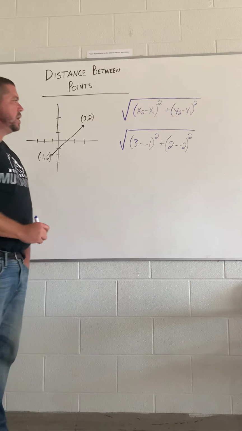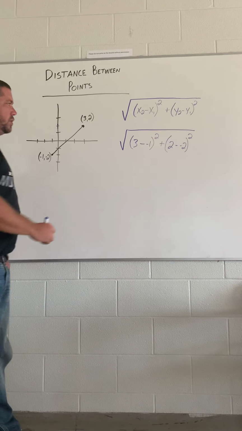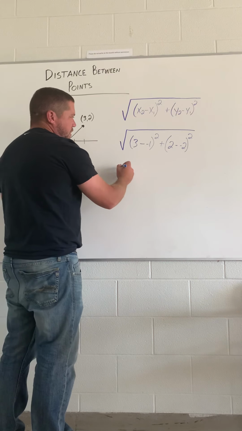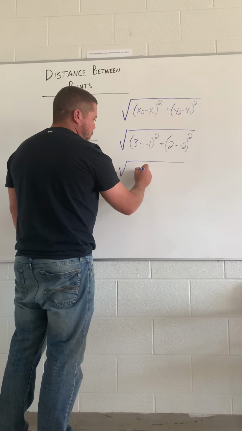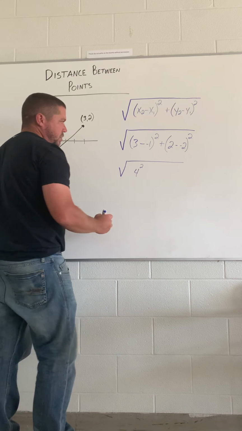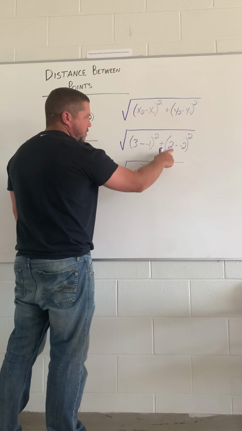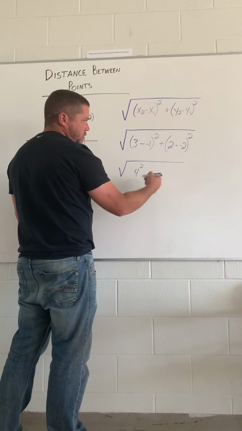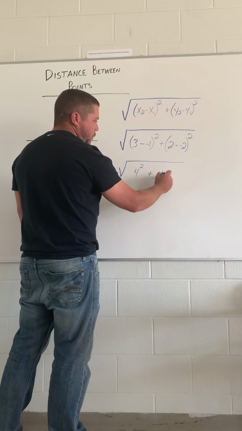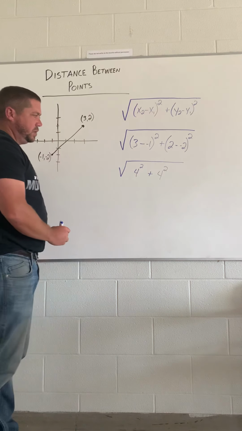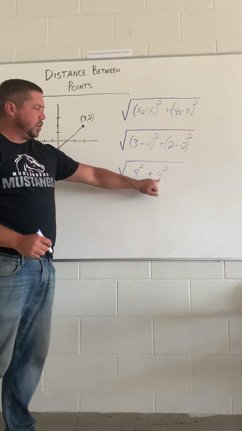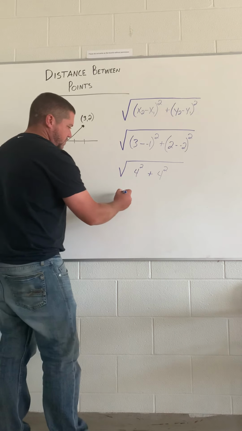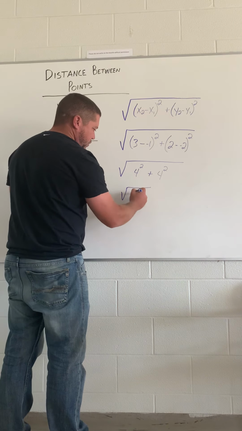squared. If we simplify this out, 3 minus -1 is the same as 3 plus 1. So that's going to give me 4 squared, plus 2 minus -2 is 2 plus 2, which is 4 squared. Okay, so we're going to get the square root of 16 plus 16. 16 plus 16 is 32.